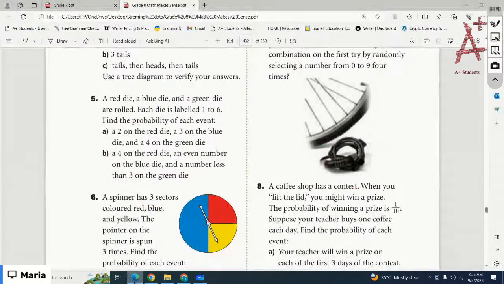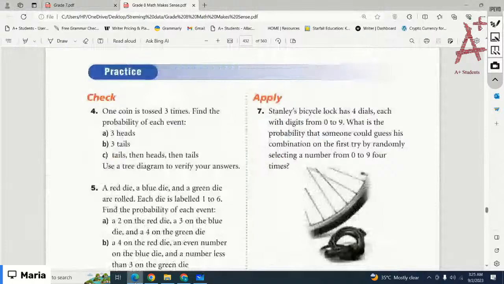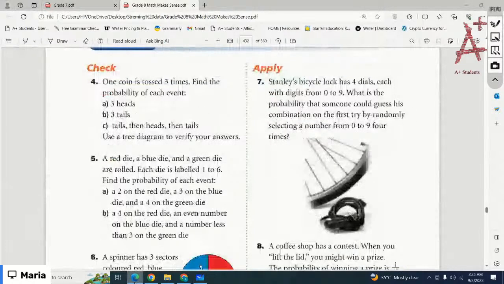We're done with 5. Let's start with question number 7. Stanley's bicycle lock has 4 dials, each with digits from 0 to 9.